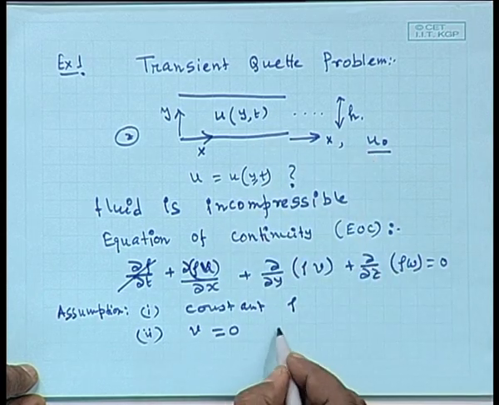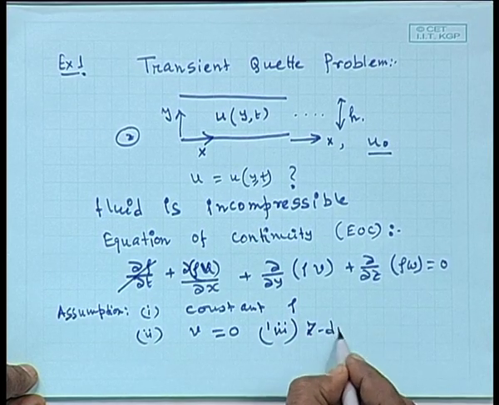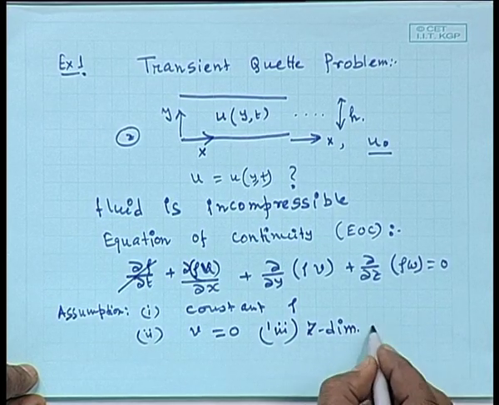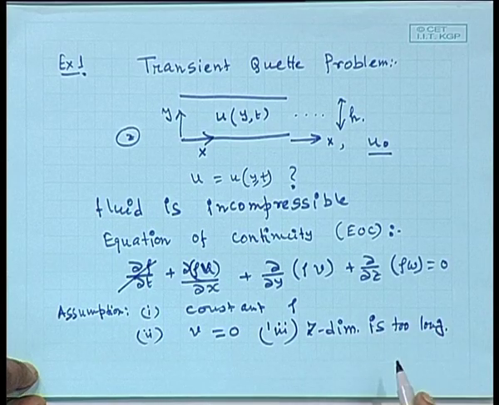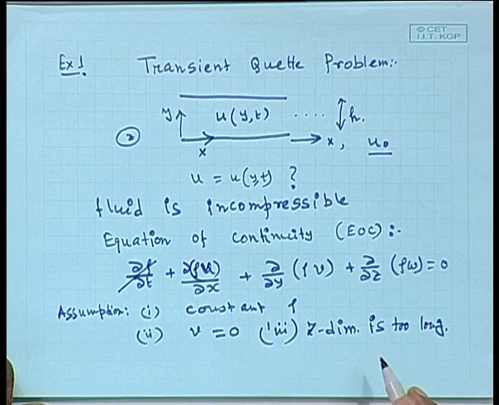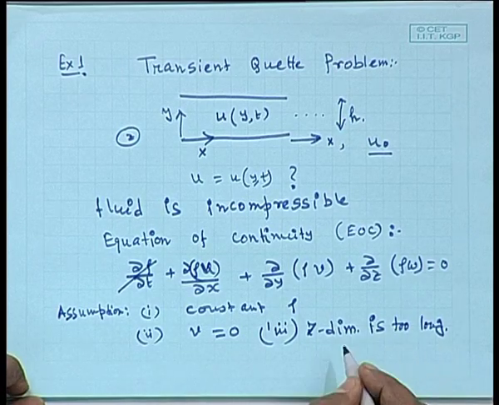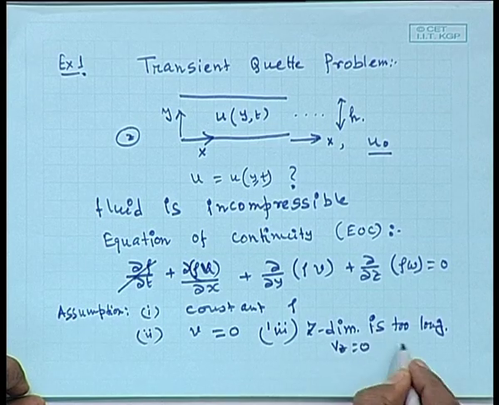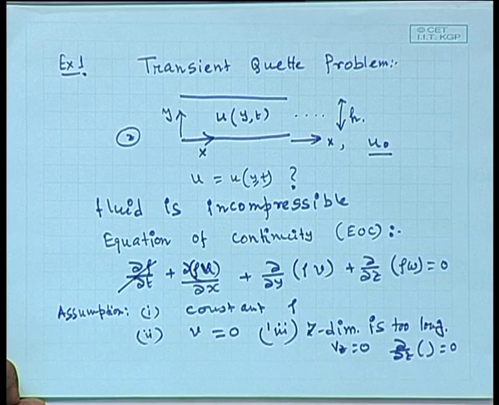Third, the z dimension is too long. That means all variations of velocity and gradients in the z direction will be equal to 0, that is, v z equal to 0 and del z of anything will be equal to 0.